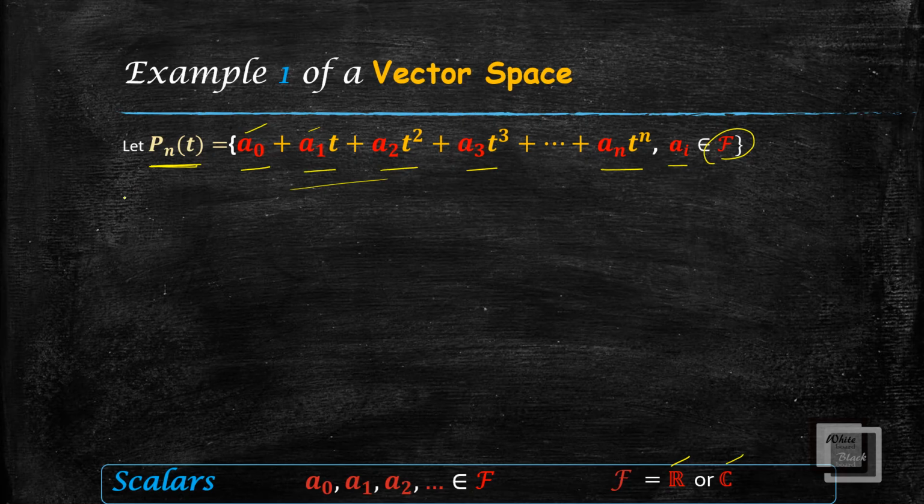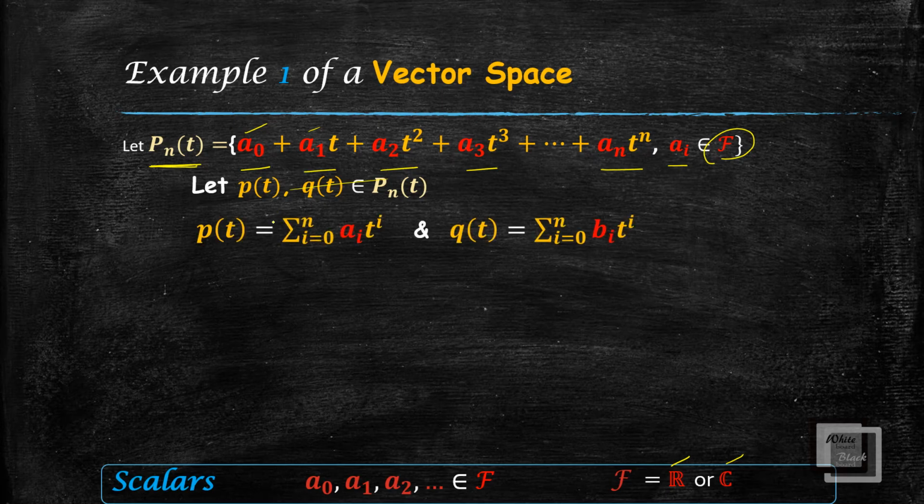For proving this, first we have to define the binary operations over polynomials, like vector addition and scalar multiplication. Let p(t) and q(t) belong to Pn(t). These two vectors therefore can be written as p(t) equal to summation i equals 0 to n of ai t raised to power i, where coefficients ai come from the scalar field F, and q(t) equal to summation i equals 0 to n of bi t^i, again bi comes from the field of scalars.